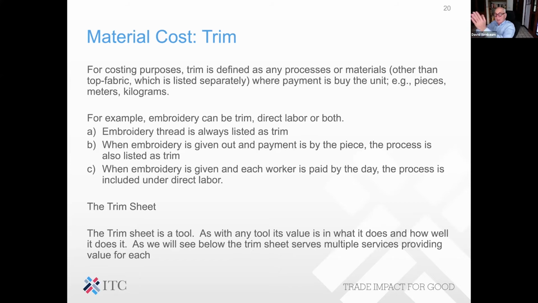Buying the thread is part of the trim process. However, it depends on where you do the embroidery. If your factory comes equipped with Tajima or other small computerized embroidery machines, then it becomes part of direct labor. But if you give out the panel piece to be embroidered elsewhere, we include this as trim.